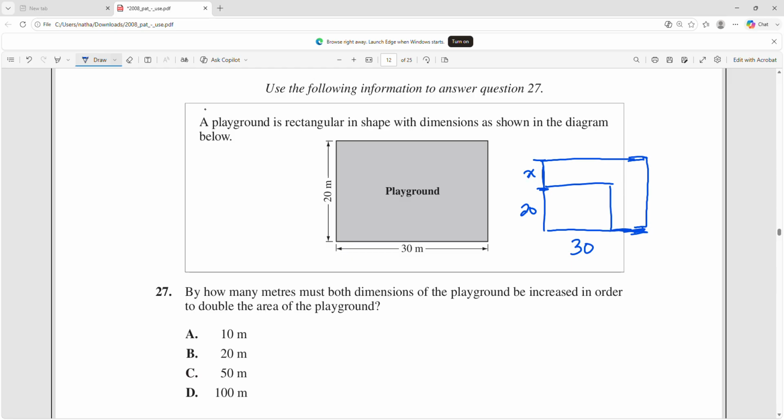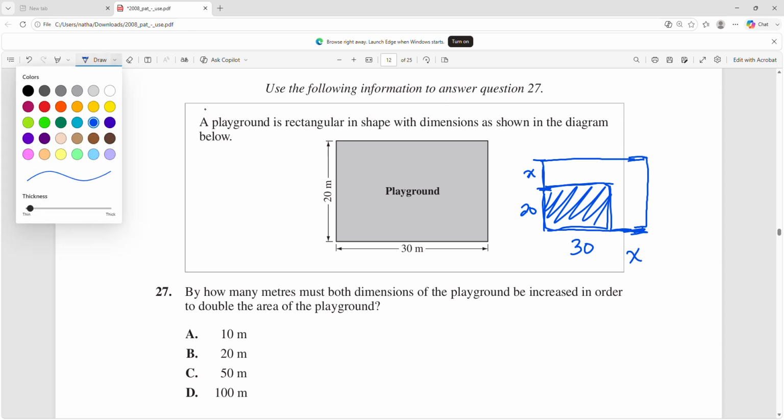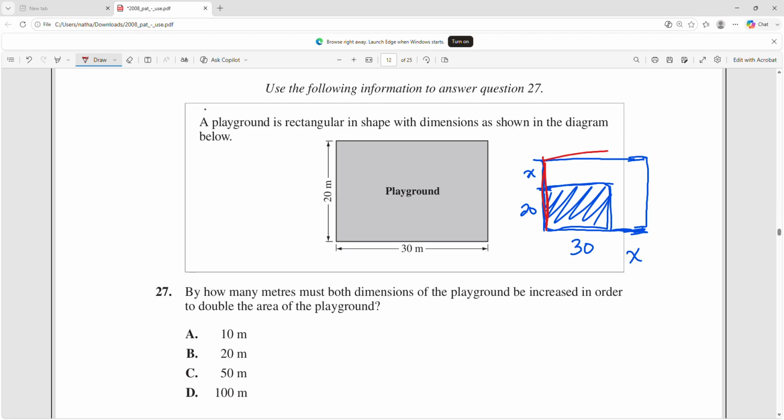If I increase this by a certain amount and this by a certain amount, I'm going to have a new rectangle. Here's my original area, and then I'm going to have a playground that has double the area. It will look like this.